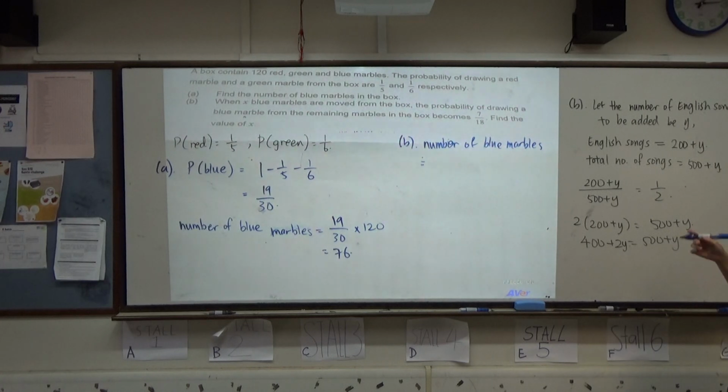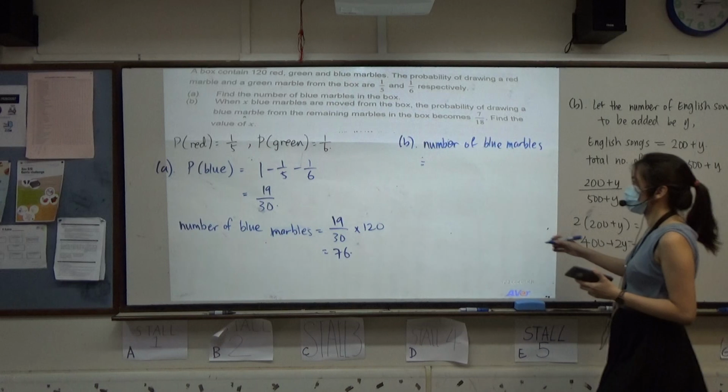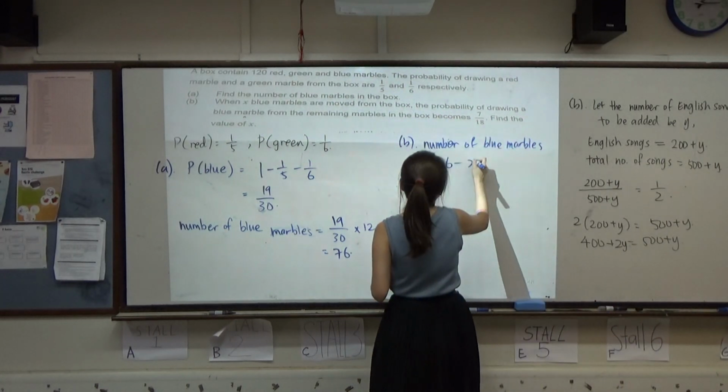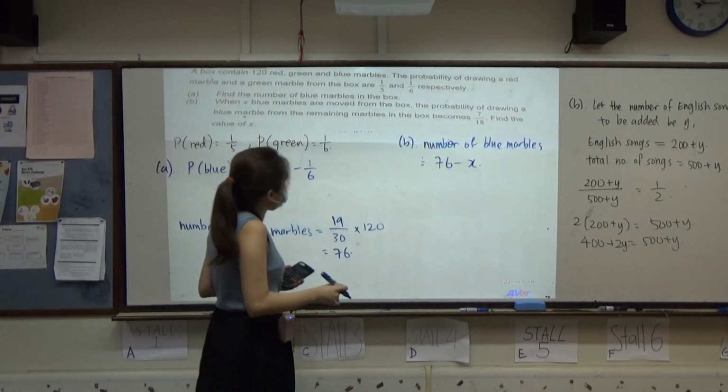How many blue marbles were there before? So now we have 76 minus x.